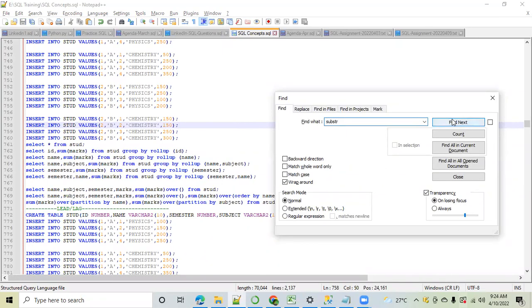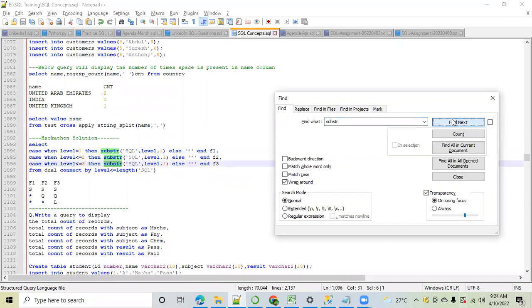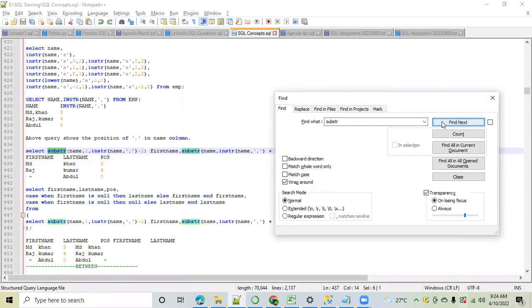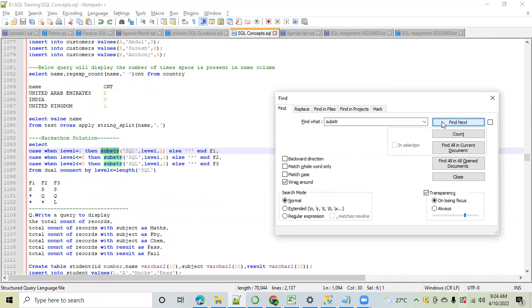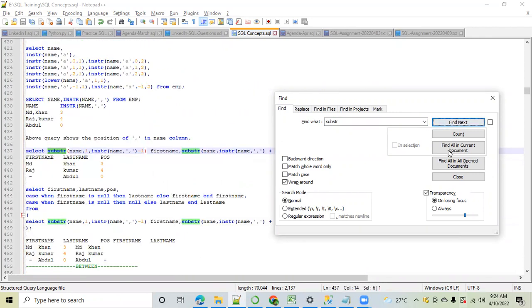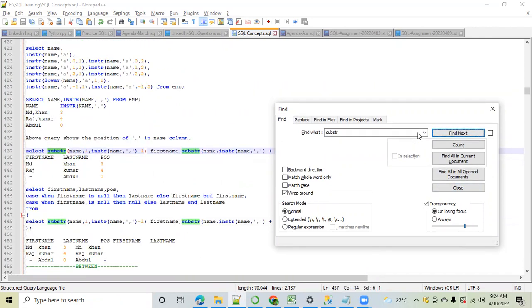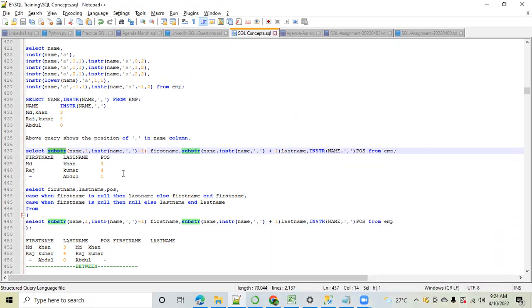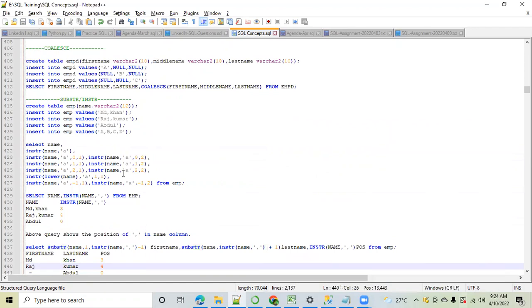Let me see if I have some example of substring. This one, this is any string. This is substring. Only two examples are there. I was having a question with a lot of examples for substring. Okay, then leave this. I will take some value from a variable and try to explain.